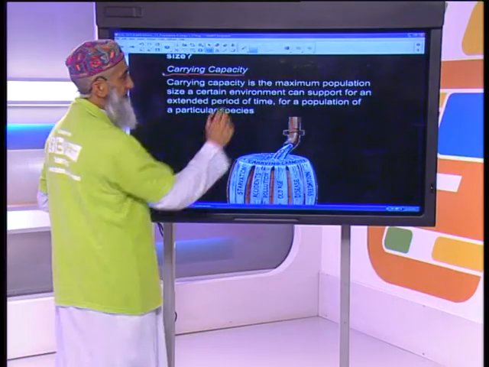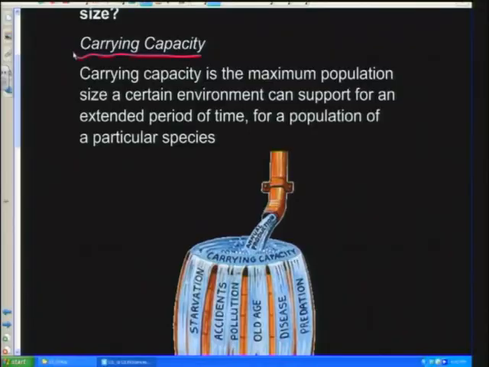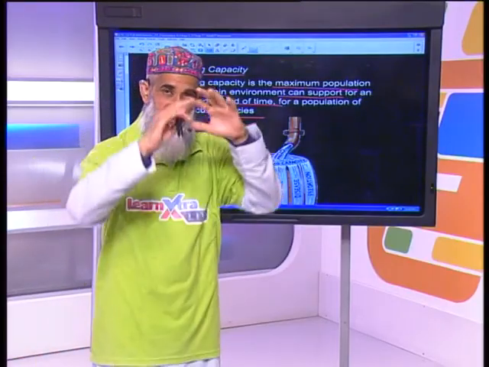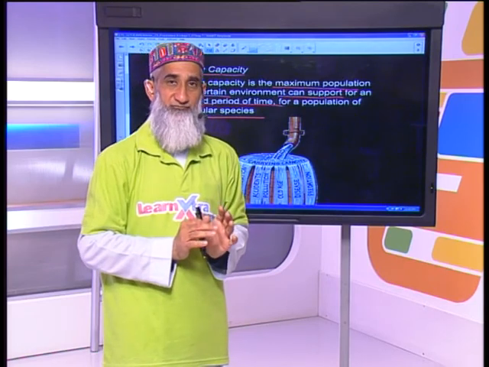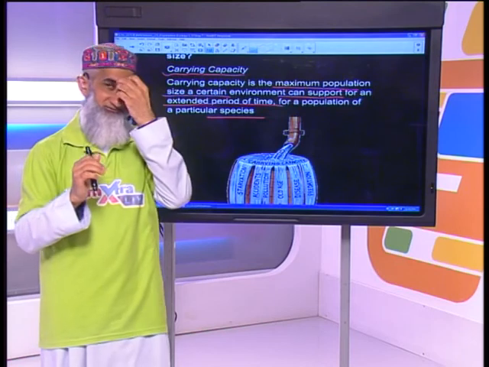The carrying capacity of an environment is the maximum population size that a certain environment can support for an extended period of time for a population of a particular species. So the maximum number of individuals of a species that a particular habitat can support is known as its carrying capacity.